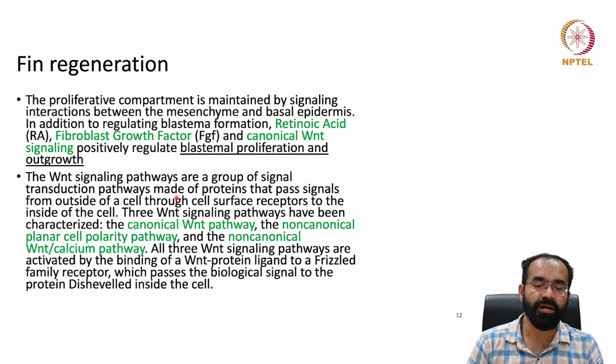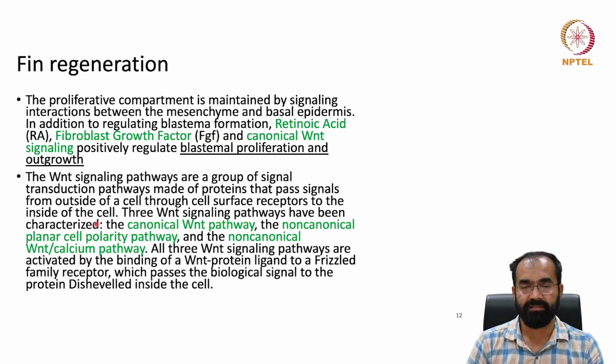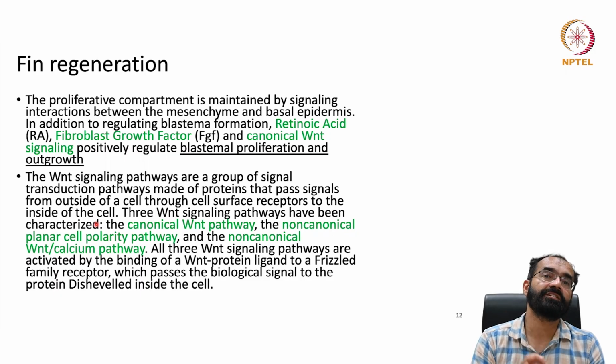The Wnt signaling pathways are a group of signal transduction pathways made of proteins that pass signals from outside of the cell through the cell surface receptor to inside the cell. So the ligand of Wnt signaling is called Wnt, and the receptor of Wnt signaling is called frizzled. The moment Wnt binds onto the frizzled, it will create an environment inside the cell because of which the beta-catenin will be stabilized.